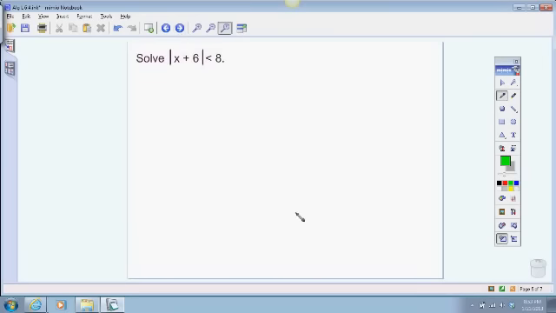This says solve the absolute value of x plus 6 is less than 8. So, remember, when we see absolute value, we know this has to be 8 or negative 8. x plus 6 is going to be something to 8, and x plus 6 is going to be something to negative 8. We should automatically think that when we see absolute value.